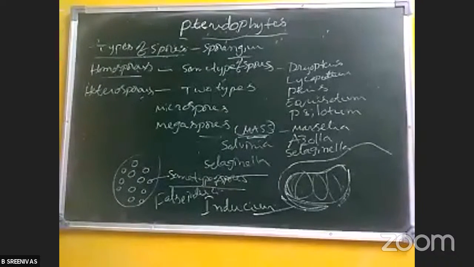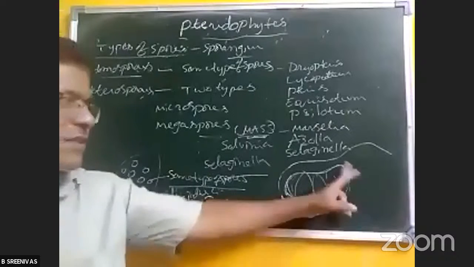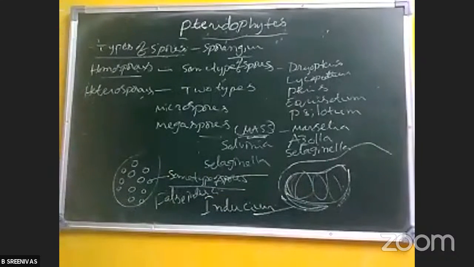So what is the shape of the indusium? Kidney shape. So in Pteris, the indusium is present, a true indusium.